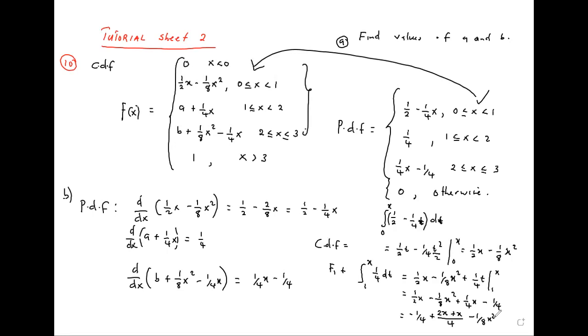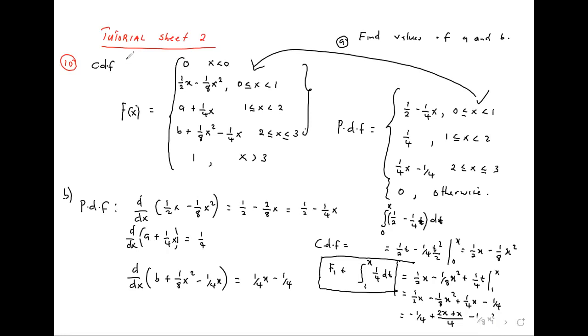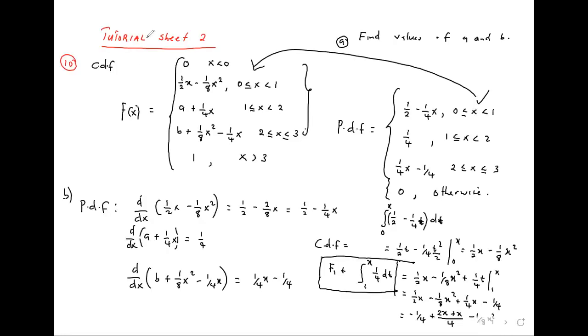Okay, so let's remember we're dealing with this one. So you're saying F of 1 plus the integral from 1 to x of 1/4 dt.